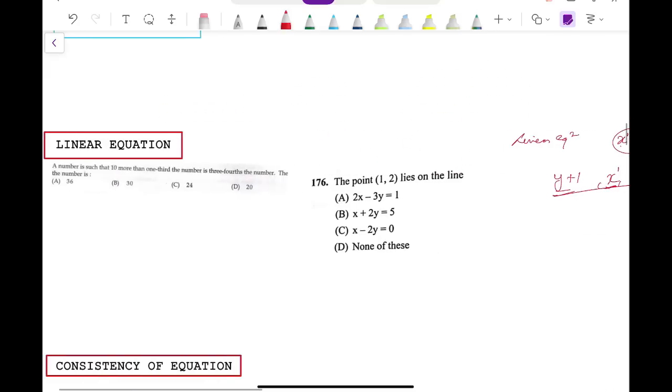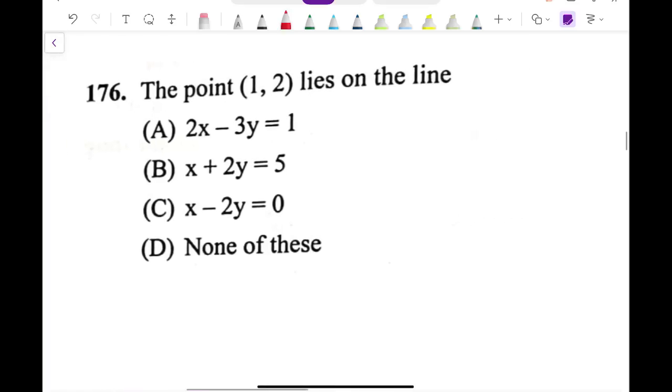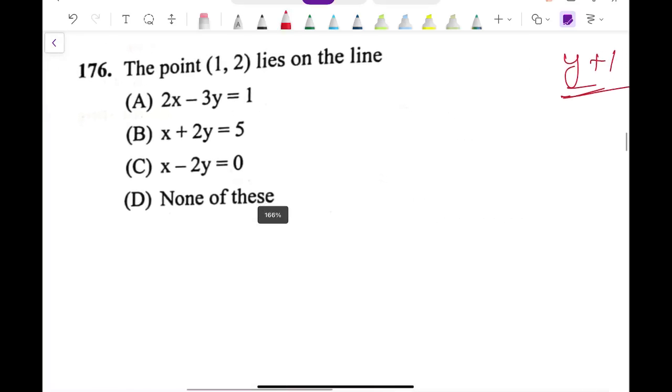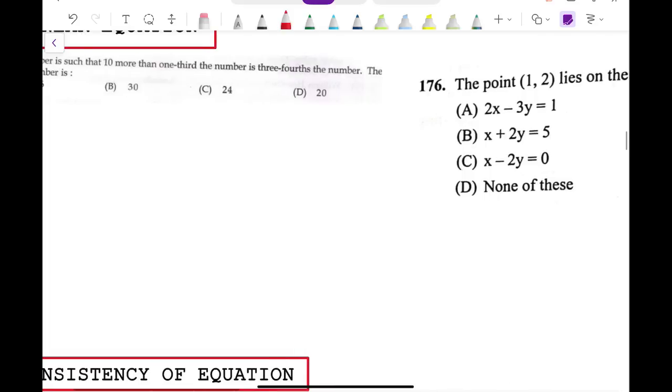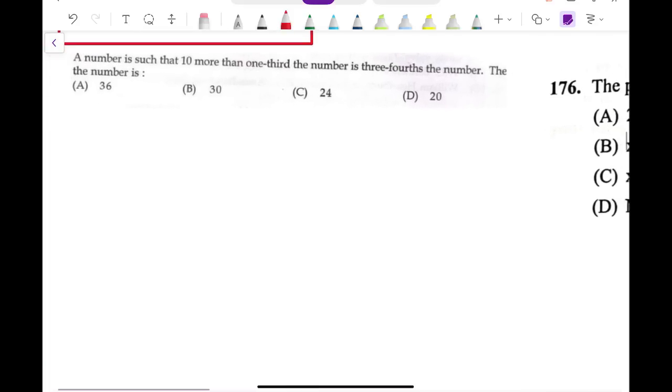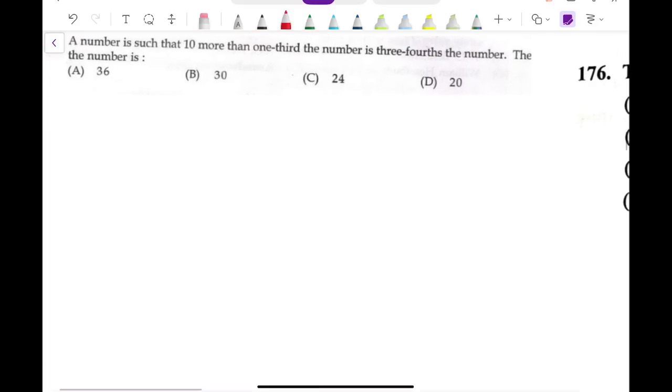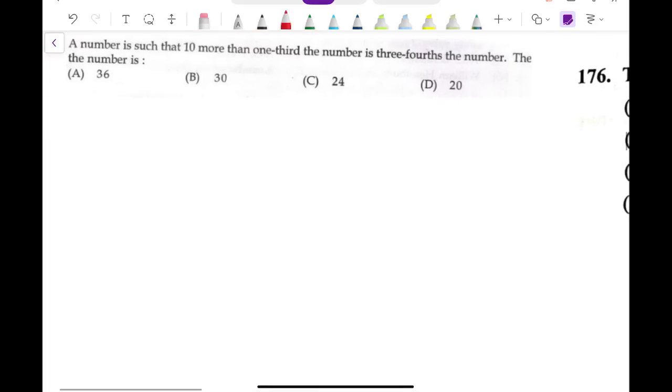So when we talk about linear equations, these are in terms of x and y. Since the syllabus says real life based questions, this type of question can be asked. This was asked in NBSE. A number is such that 10 more than 1/3 of the number is 3/4 of the number.